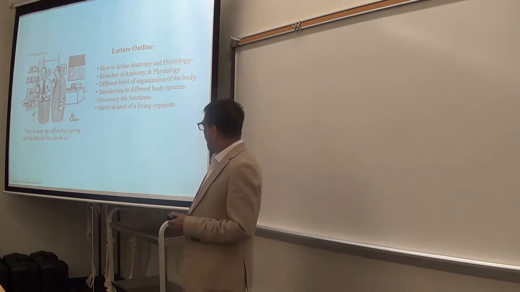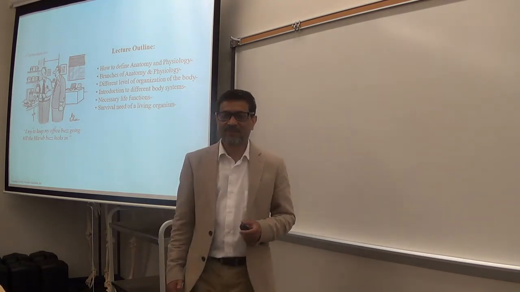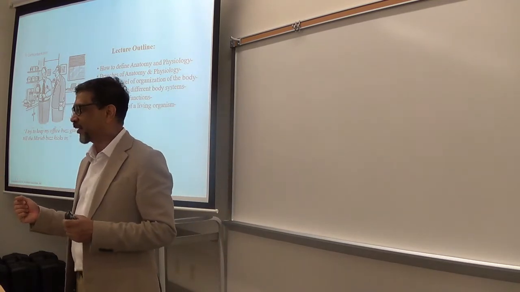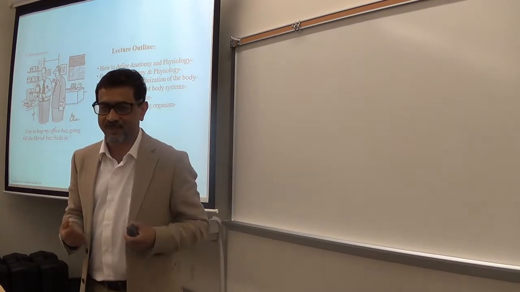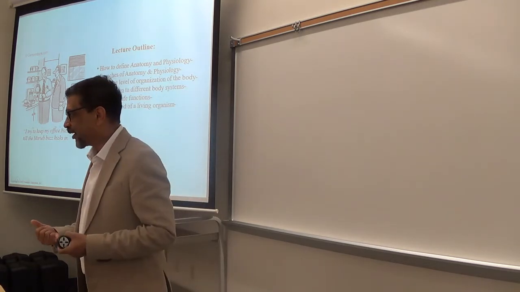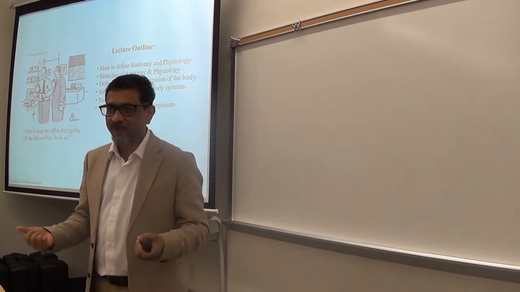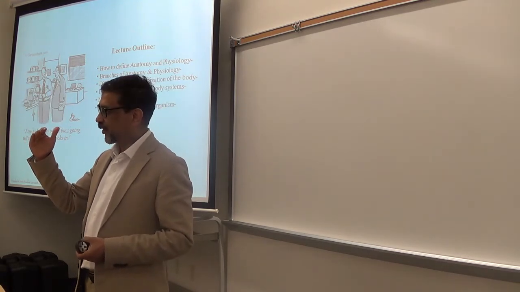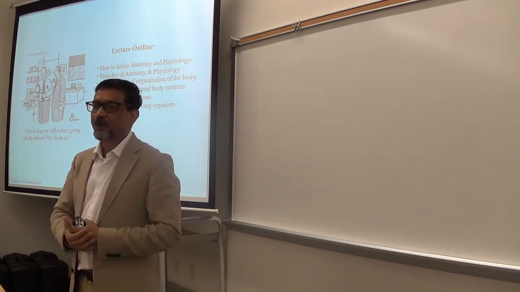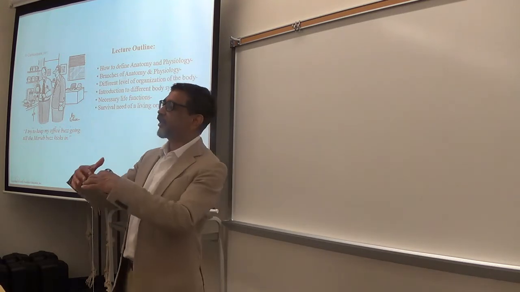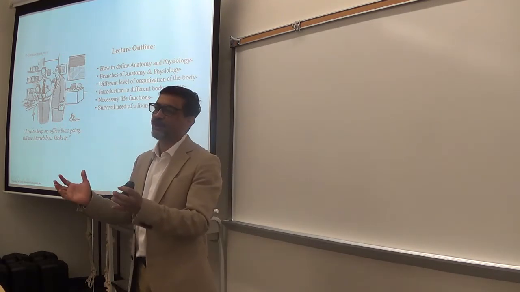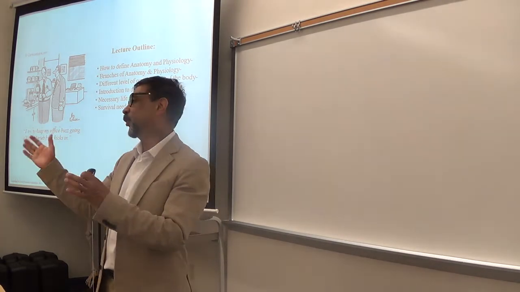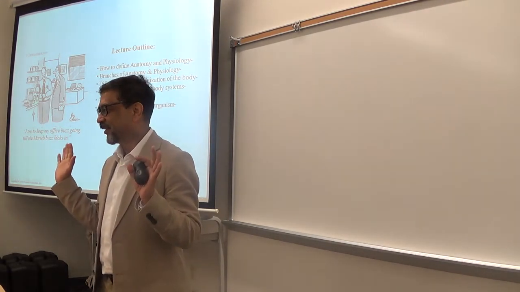Then we'll talk about different systems in your body. You all know the cardiovascular system. Have you heard that? Respiratory system, urinary system, right? Nervous system. So there are 11 systems in the human body. Okay. So the entire ANP 1 and 2 is the study of those 11 systems.